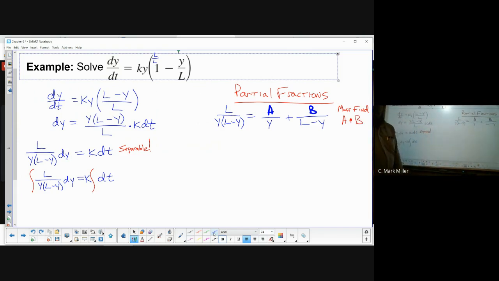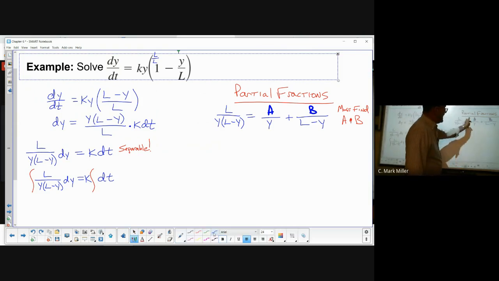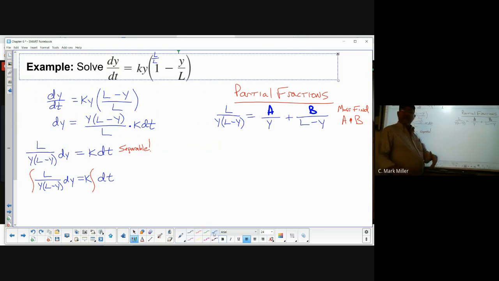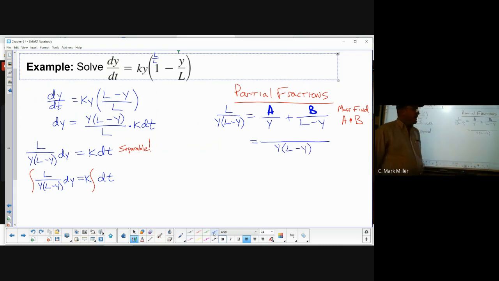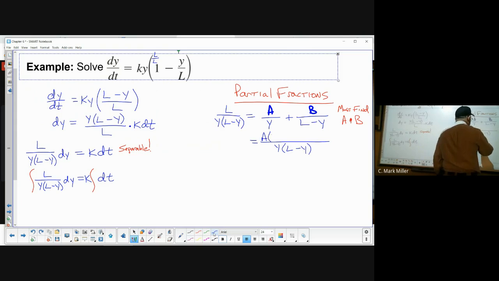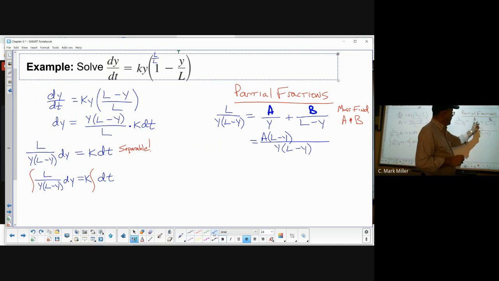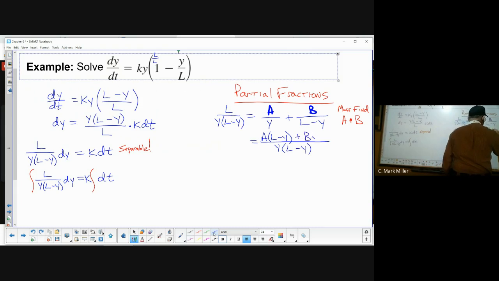Did I mention this is chapter 8? You're going to learn this anyway. So let's add the right-hand side. If I just added it using ordinary properties of fractions, what would my denominator be? It's going to be this denominator here. On the first term, I have to multiply top and bottom by L minus y. So I'm going to have A times L minus y, top and bottom. Here, I need a y in top and bottom, so plus B times y.